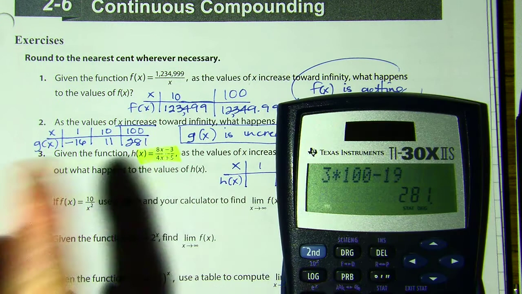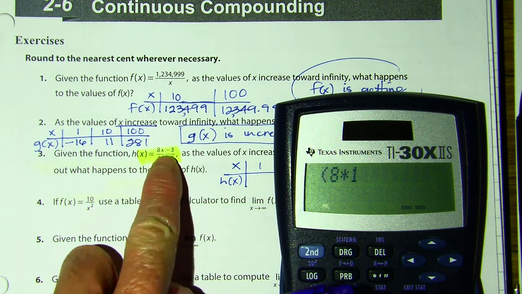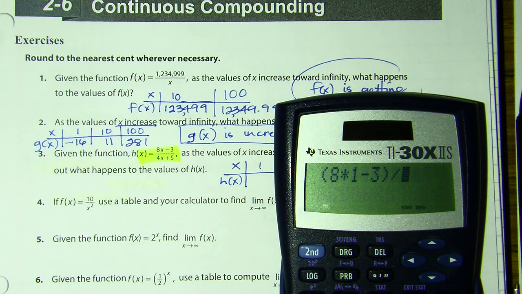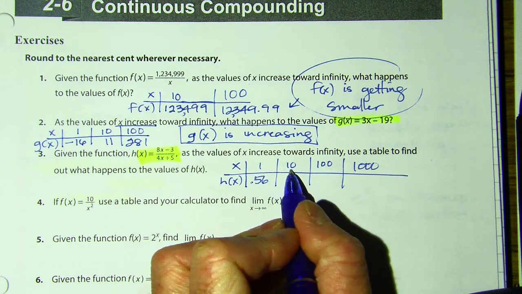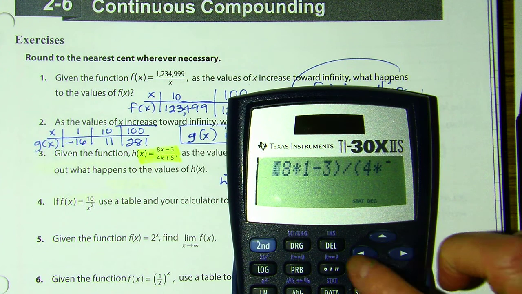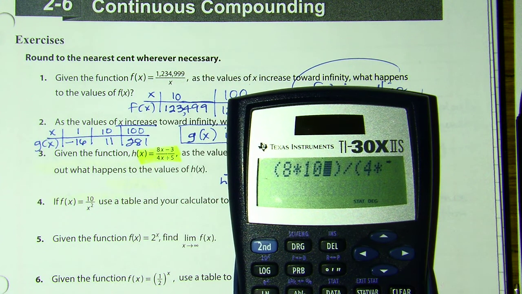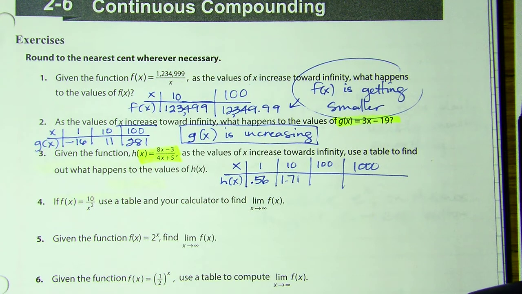So I'm plugging them into this function. So parentheses 8 times 1, right, I'm putting 1 for x, minus 3, divided by the bottom, 4 times 1 plus 5. And I got 0.56. So now let's enter 10. So if I just use the arrow up, I can change this to 10 minus 3 divided by 4 times 10 plus 5. Okay, I got 1.71.